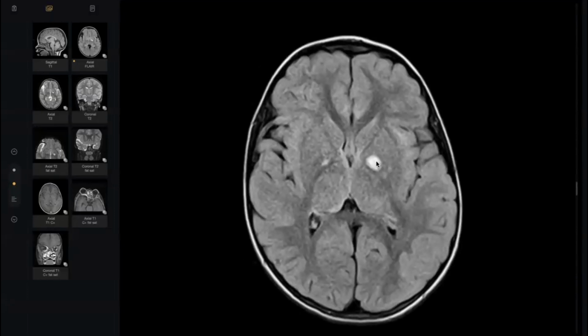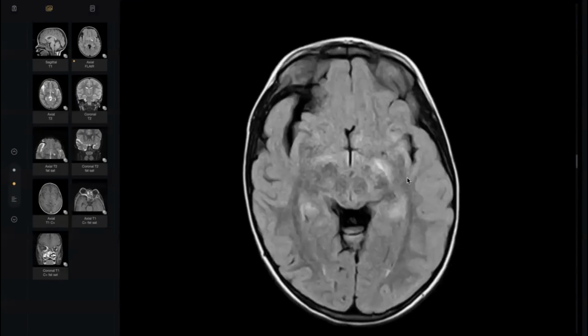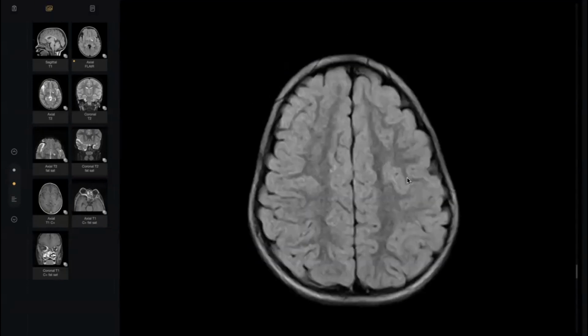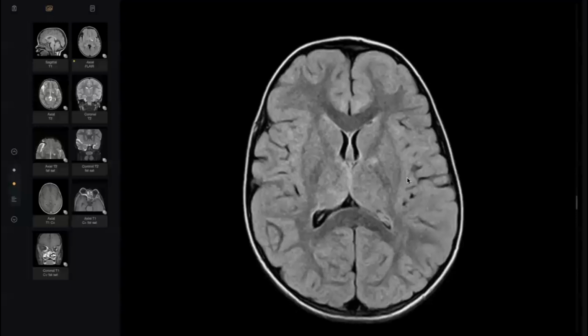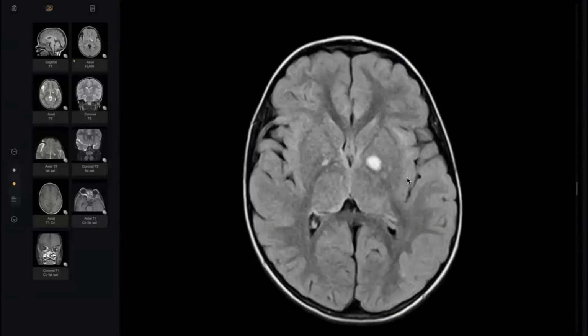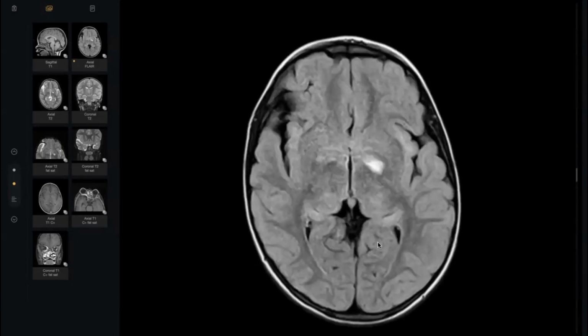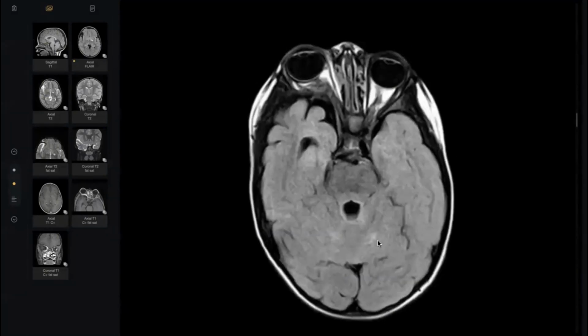There is a hyperintense lesion within this FLAIR sequence seen in the area of the basal ganglia. I want to see the cerebellum and the other basal ganglia. What about it? Yeah, I can see that there is a similar but smaller lesion in the other basal ganglia.